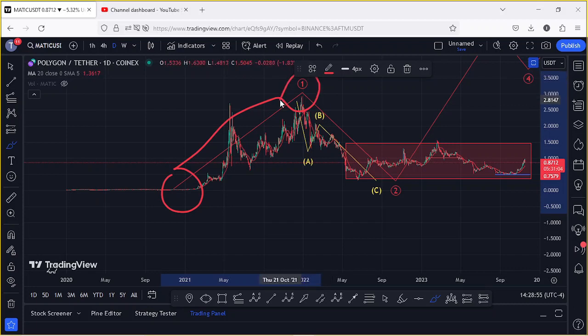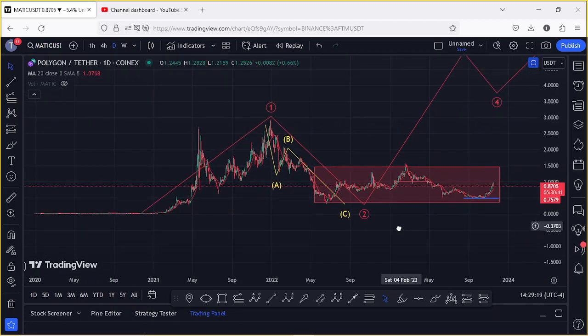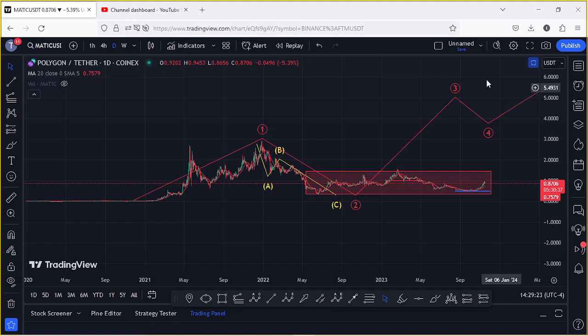After that first wave, we started a corrective structure in the formation of this wave 2, in a move that gave us a pullback into the minimum target areas for the second wave, highlighted on the charts using this red target area, which we have now fully maximized. There are high chances that we have now bottomed out in the formation of this wave 2, and Matic is ready for a massive pump to the upper side in the formation of this wave 3.